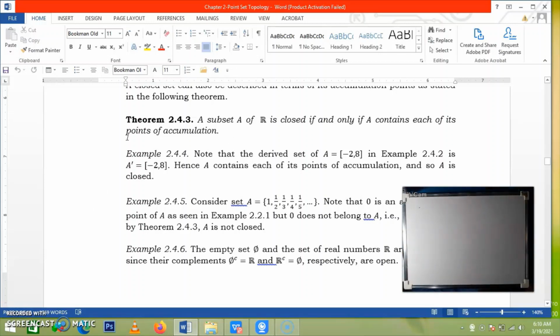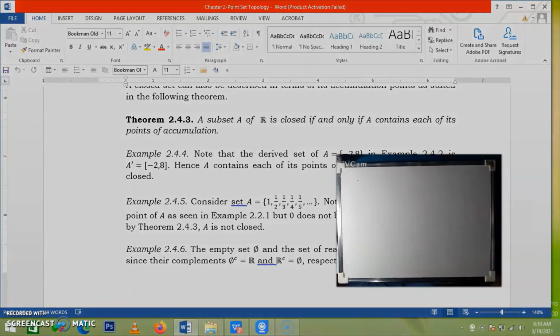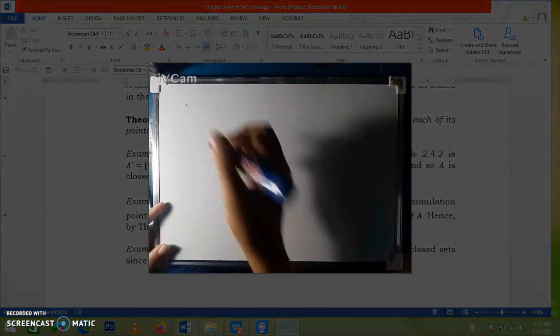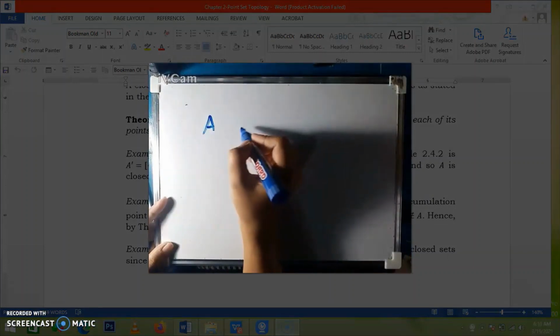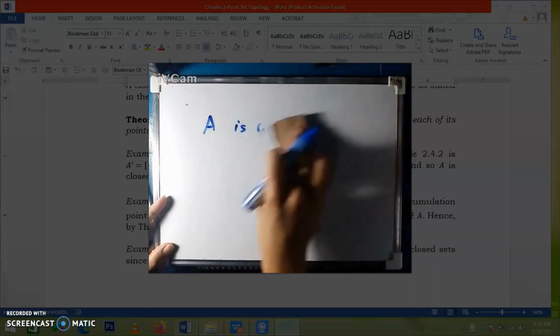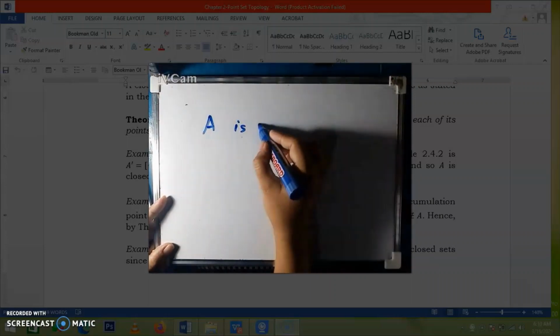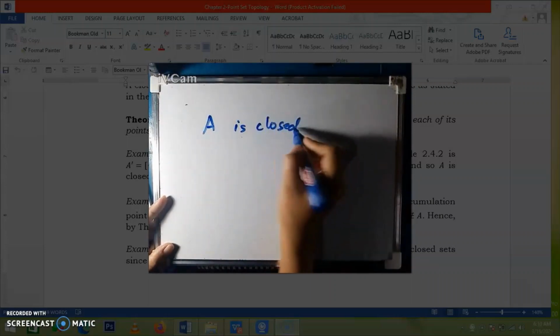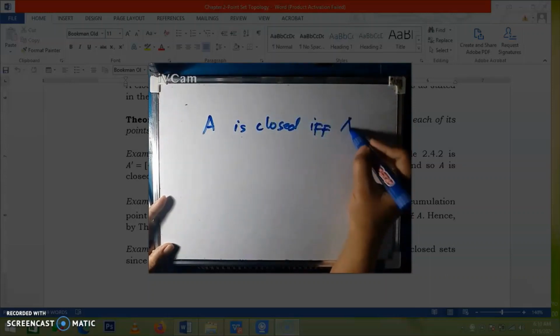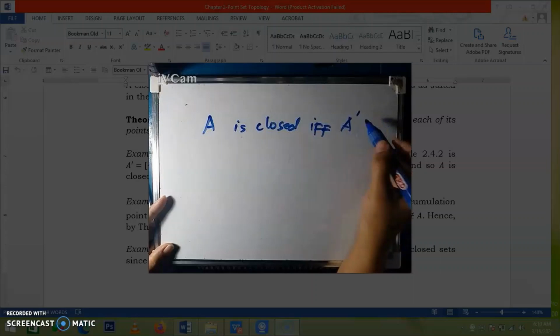In other words, A is closed if and only if it contains all of its accumulation points.